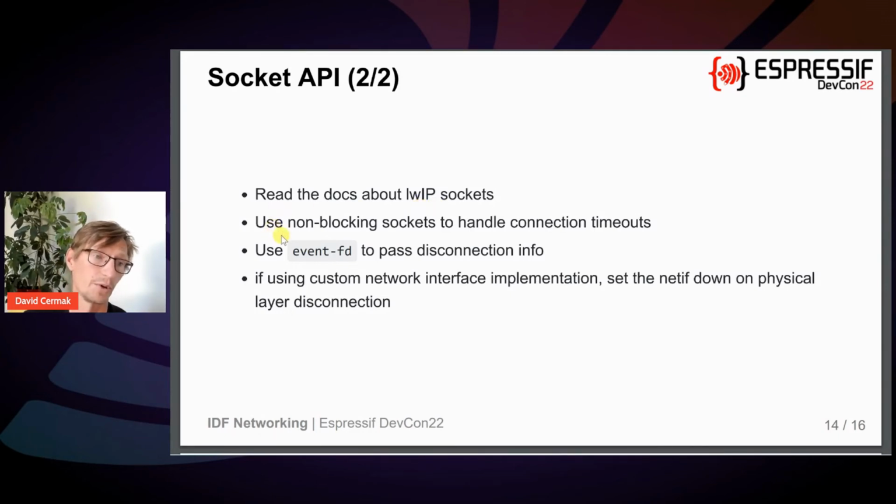Another point: if you would like to handle timeouts for connection, you need to switch the sockets to non-blocking mode and use select to check for either timeout, connection succeeded, or failure. We could also use event file descriptors to pass additional information about disconnection, or some other signal, to a blocked select call.